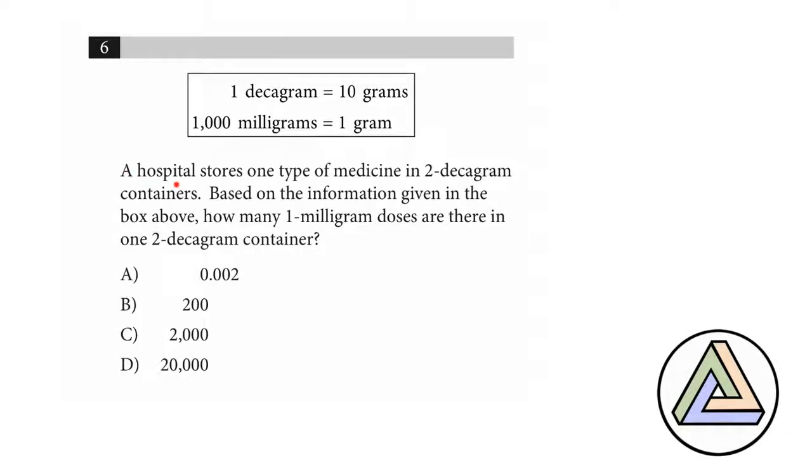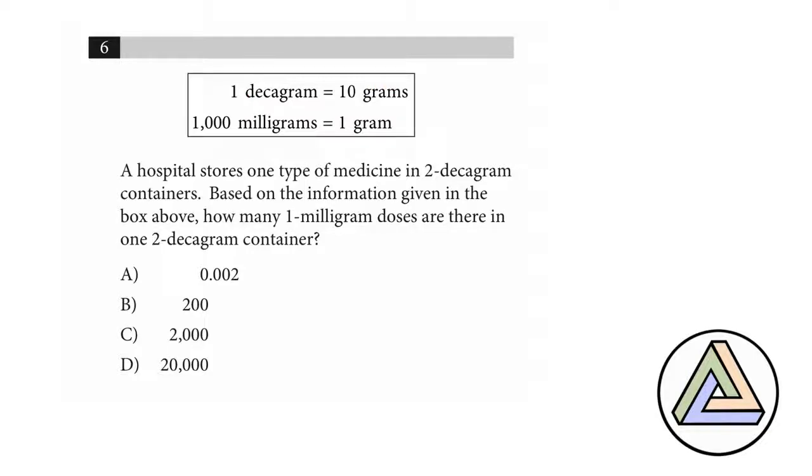All right, a hospital stores one type of medicine in 2 decagram containers based on the information given in the box above. How many 1 milligram doses are there in one 2 decagram container? Well, the first thing that sort of pops out at me is the fact that 1 decagram has 10 grams.